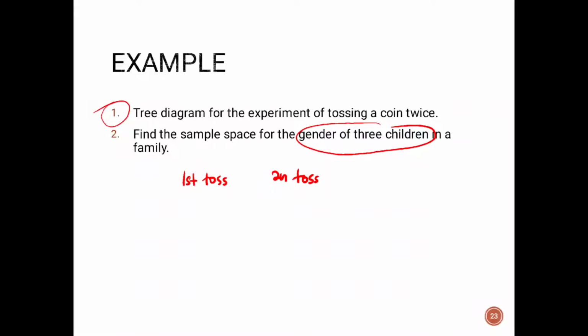I hope you still remember about head and tail, representing the surfaces on a coin. During the first toss, since you have two surfaces on a coin, you will end up with either a head or a tail. Same thing for the second toss. You will end up with either head or tail.